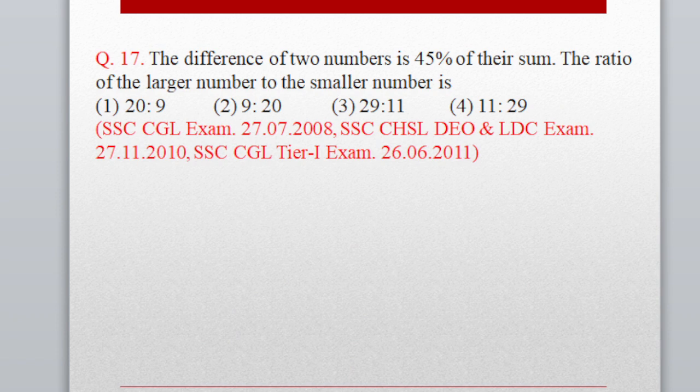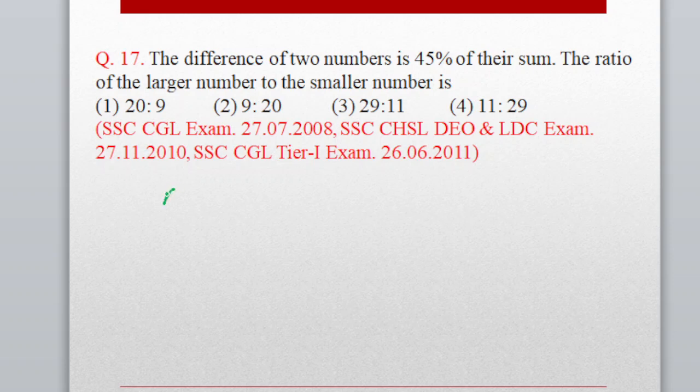Now the next question. It is question 17. The difference of two numbers is 45% of their sum.